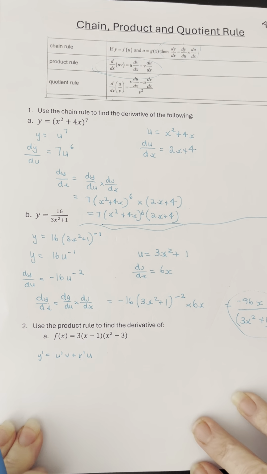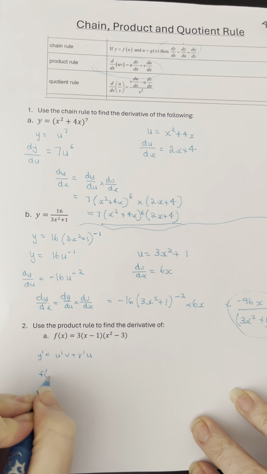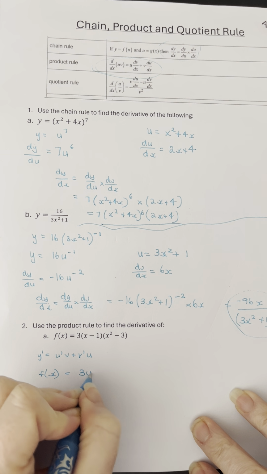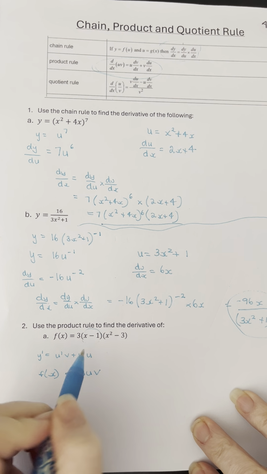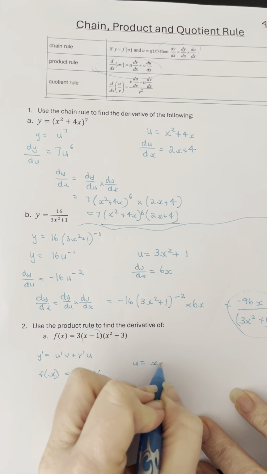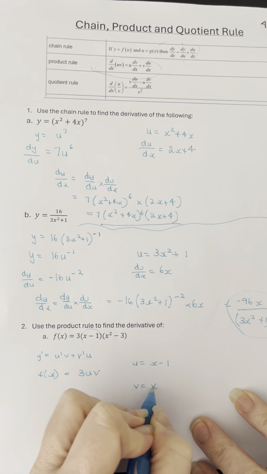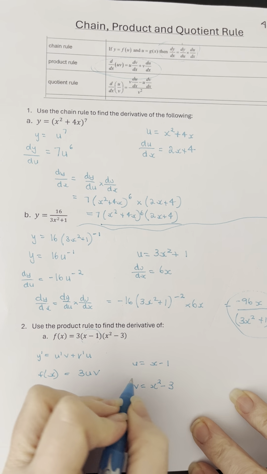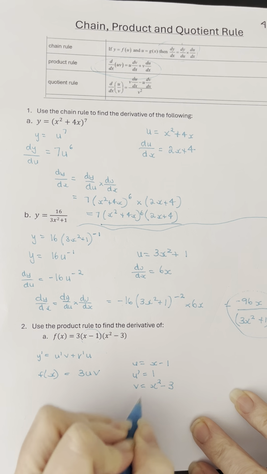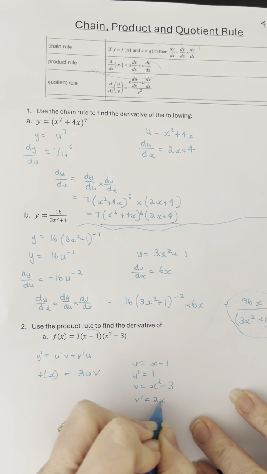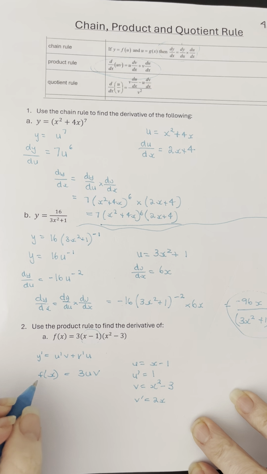So first I'm going to write my function, my f of x is equal to 3uv, where we've got u is equal to x minus 1 and v is equal to x squared minus 3. So my first step, I need to do u dash is 1, v dash is 2x, and then I'm going to bring it over here.